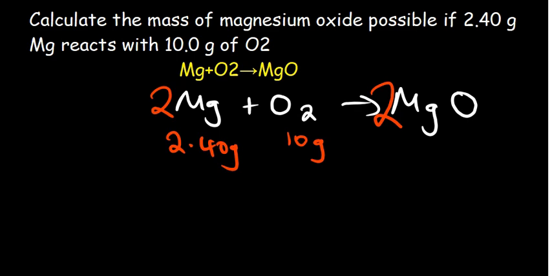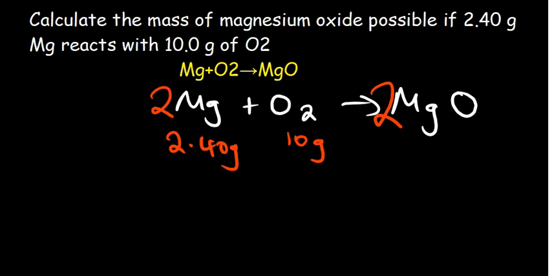Of course oxygen, we know it's 15.994, and then what do we know about magnesium? Magnesium is 24.31. Okay, so basically go by that.